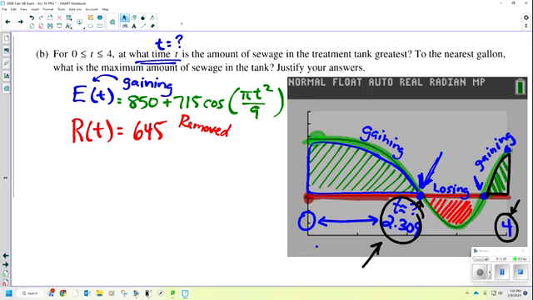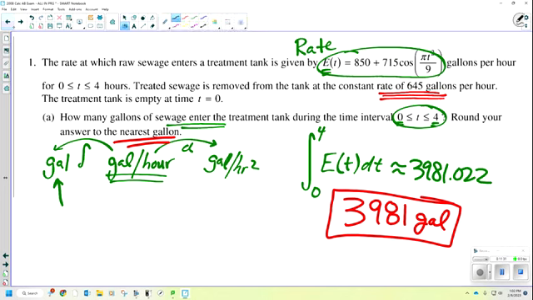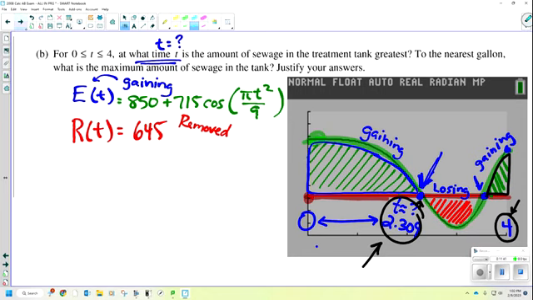So just like part 1A, how do I figure out gallons if I have this rate? I integrate. And that's exactly what I'm going to do here, and I'm going to use those values of time. All right, so let's do this.